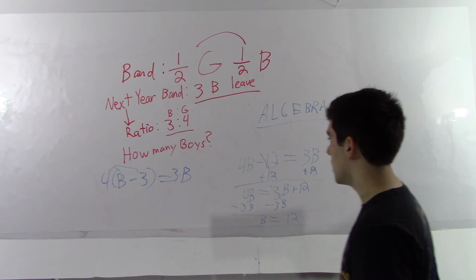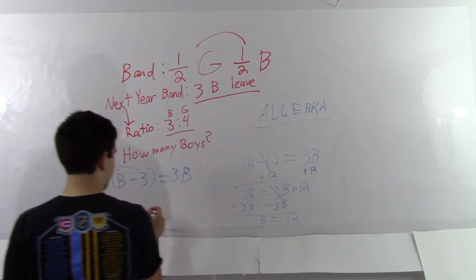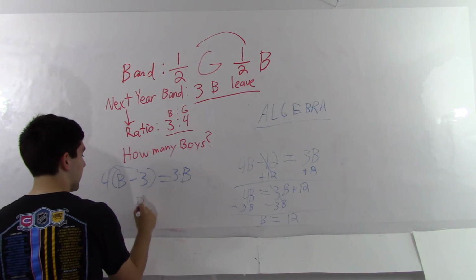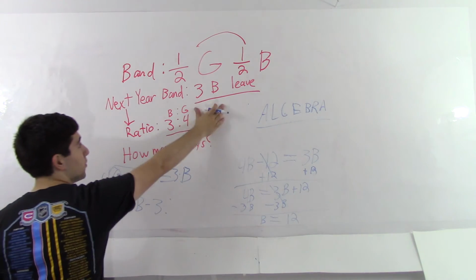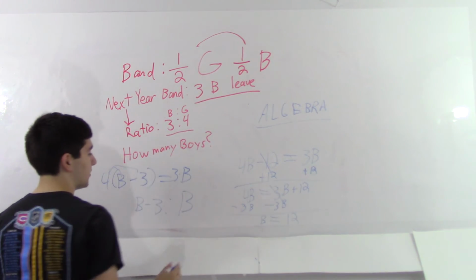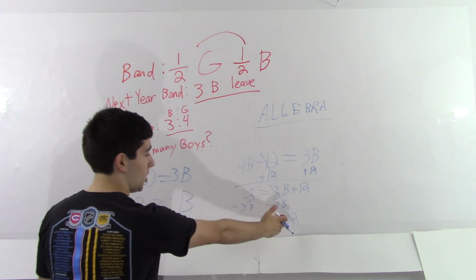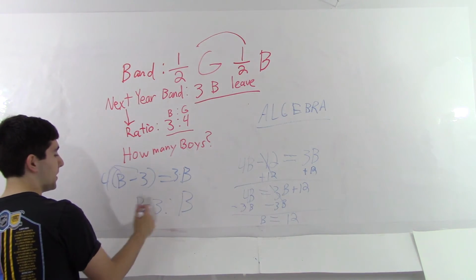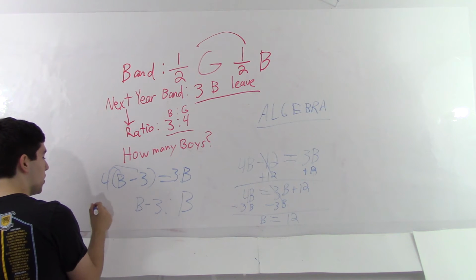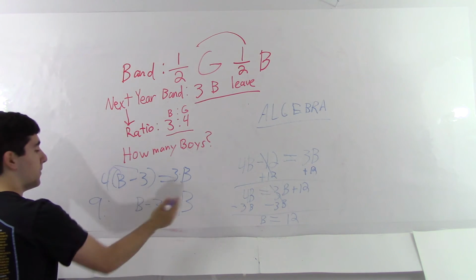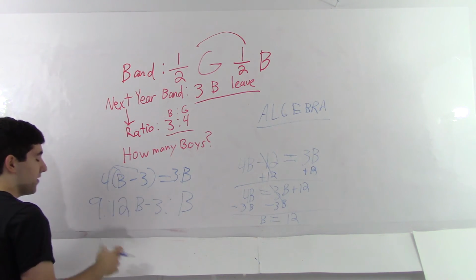So, remember our ratio from before? We have b minus 3 to represent the boys after, and b to represent the girls after. b minus 3 and b. Now we just have to plug in b. So b minus 3 is 12 minus 3, which is 9, and b is 12. That would be our ratio.